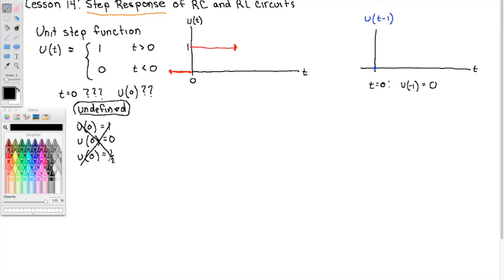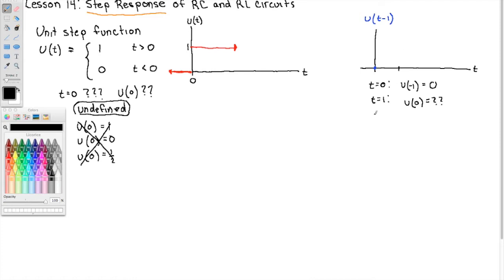Notice, if I plug in a value t equals 1, here's where I have my discontinuity, because when t equals 1, this function, u of t minus 1, is equal to u of 0. But we don't know what u of 0 is. The point here is that at 1 unit of time, this is where the jump occurs.